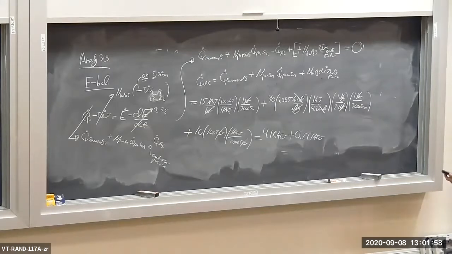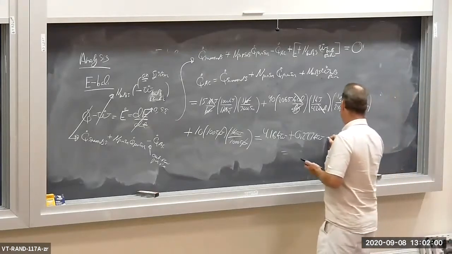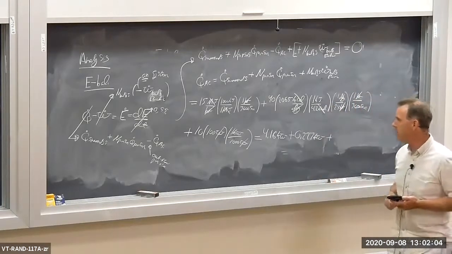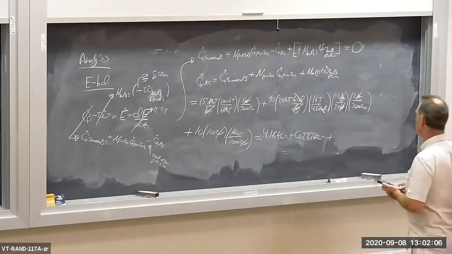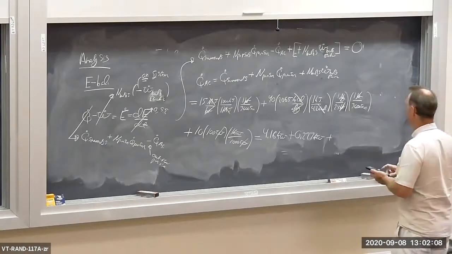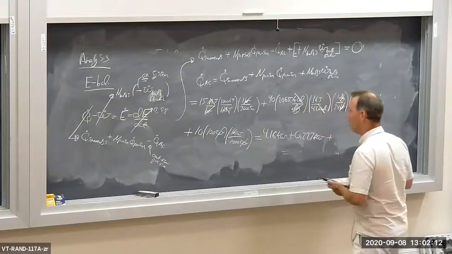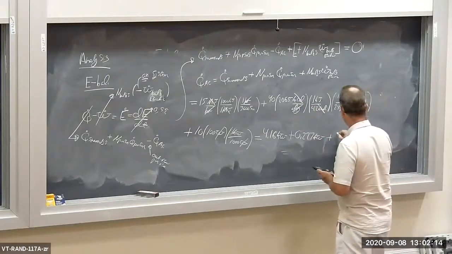That seems about right. Kilojoules per second, that's kilowatts. And then I've got the energy consumption from the electric bulbs. So that's going to be 10 times 100 watts over 1,000, or 1 kilowatt.